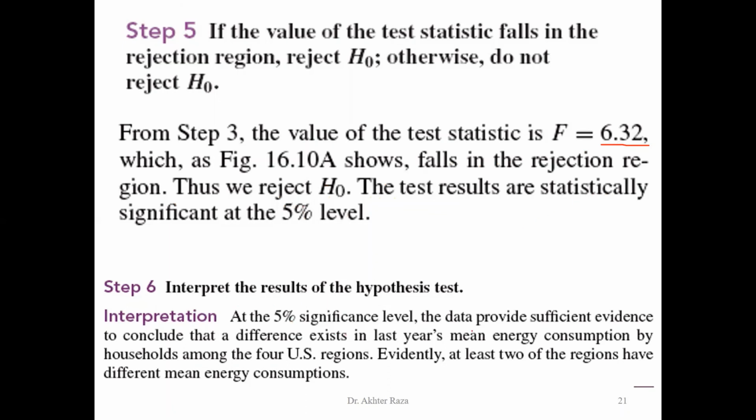At 5% level of significance, data provides sufficient evidence to conclude that a difference exists in last year's mean energy consumption by the households among the 4 regions. At least 2 of the regions have different mean energy. By post hoc analysis, we can have an idea about which means are the same and which means are not the same. That can be done in SPSS in a simple way.